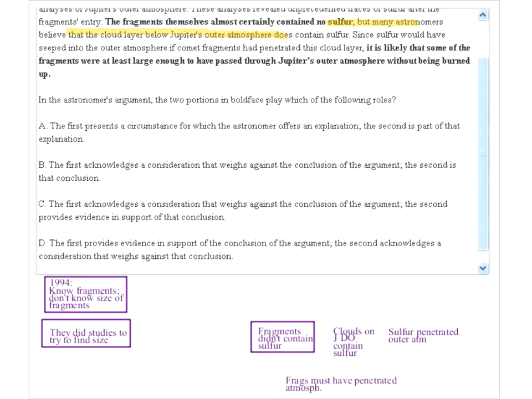So what are the connections here? Well, the way this works, these are just background facts. All right? This is not an argument. Instead, it's more like, here's what they found. So this is background, all of this.